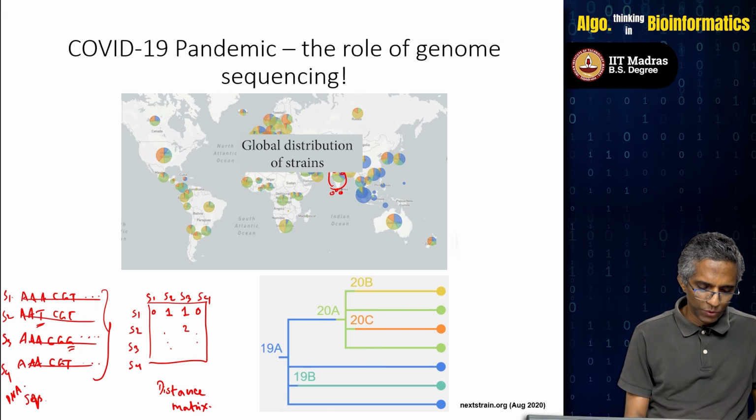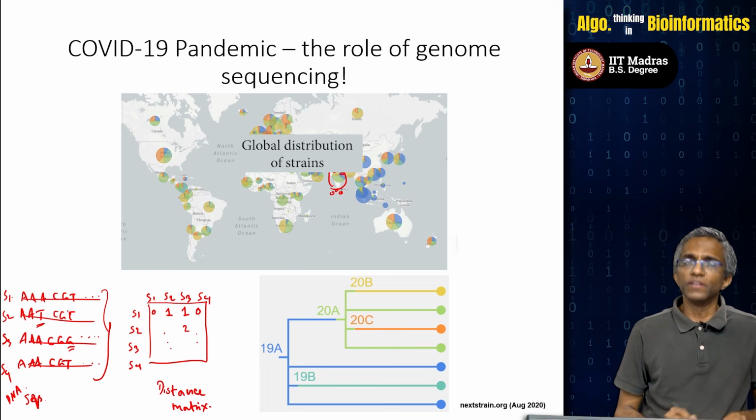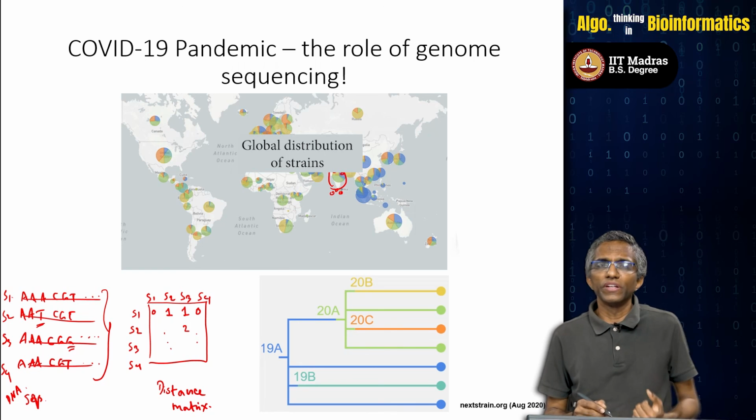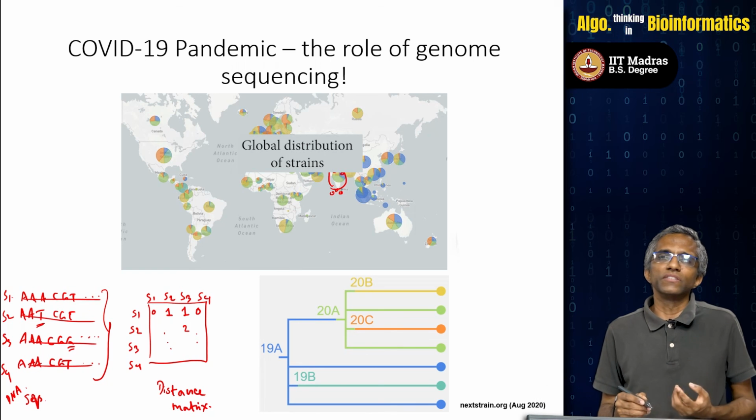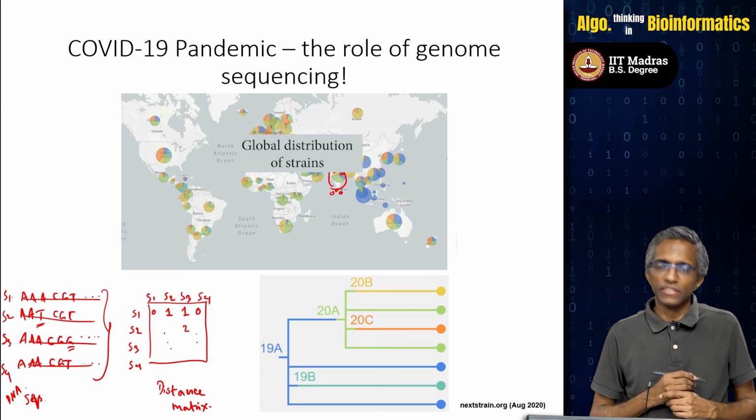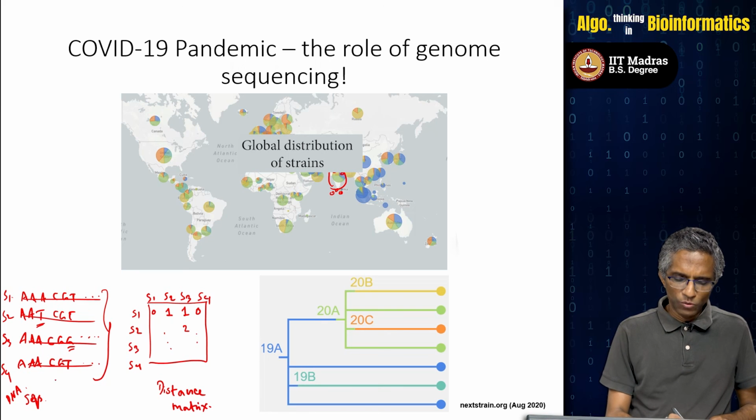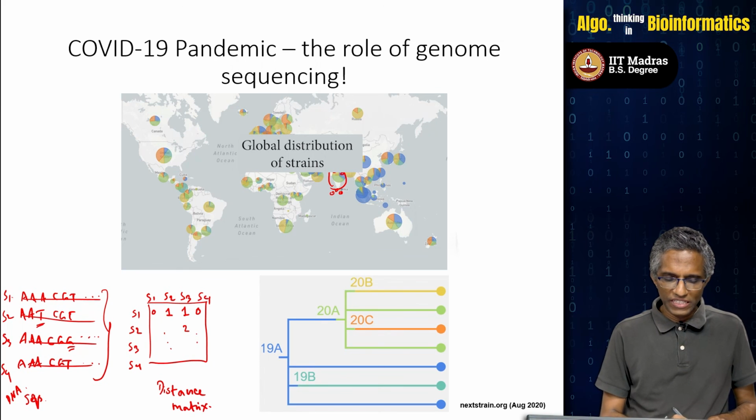Sometimes these are done over protein sequences, by looking only at the spike protein, which is the protein in the virus involved in entering the human cells. But here for simplicity I am just showing DNA sequences, and then you can look at this distance matrix and run it through phylogeny reconstruction algorithms.